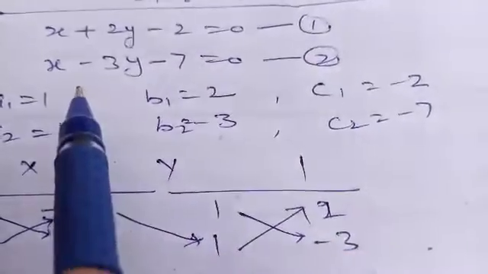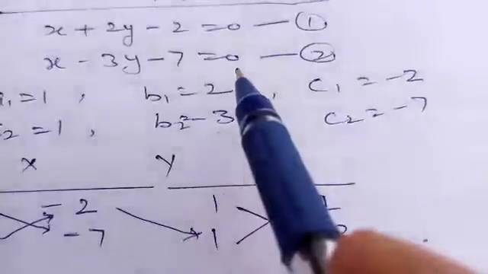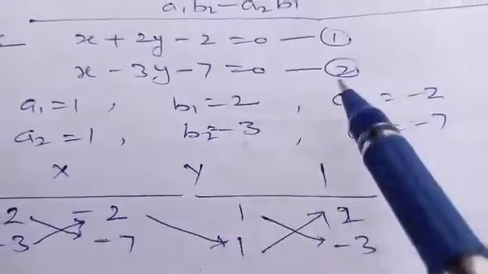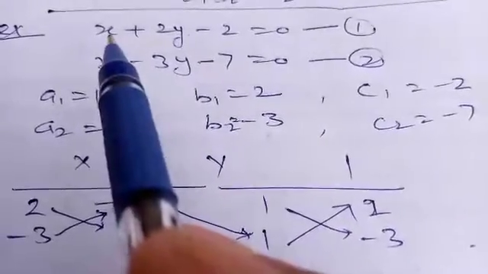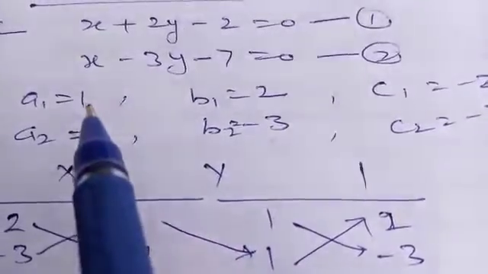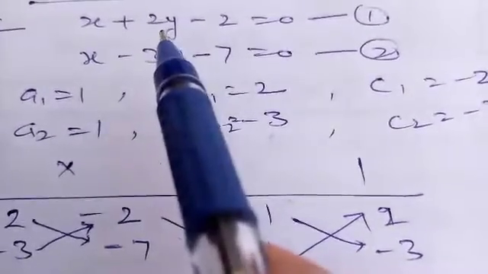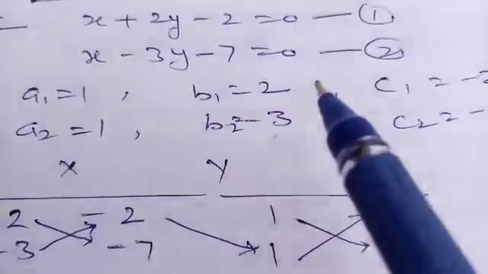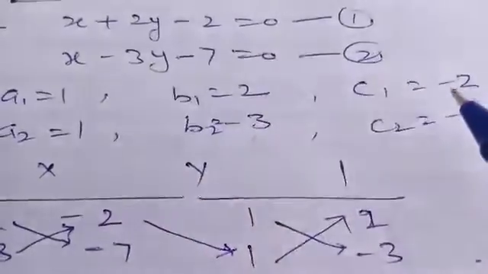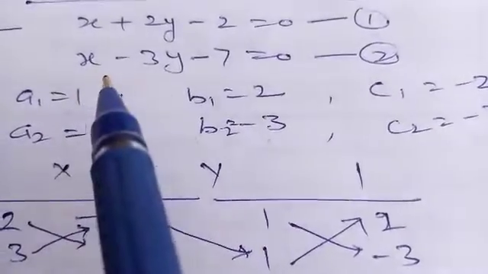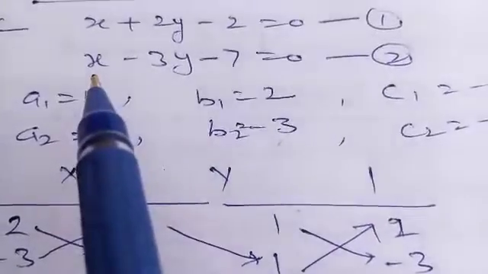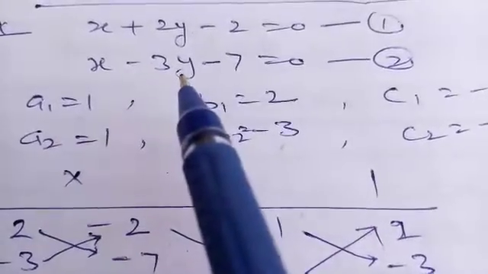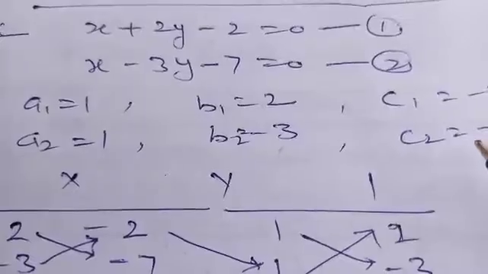Second equation: x minus 3y minus 7 equal to 0. From equation 1, the coefficient a1 is 1, the coefficient of y is 2, and the constant term is minus 2. In the second equation, the coefficients are 1, minus 3 and minus 7.